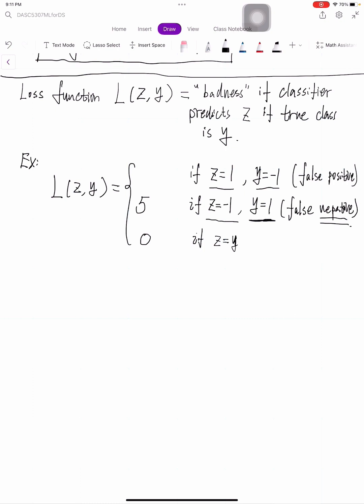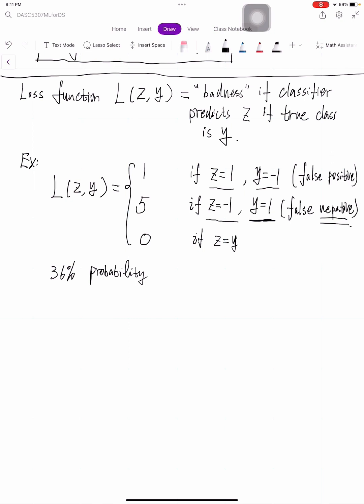On the other hand, false positive means the person actually is a healthy person, but we give a false alarm, saying he has a cancer. So in this case, we give a smaller loss. Let's give 1.